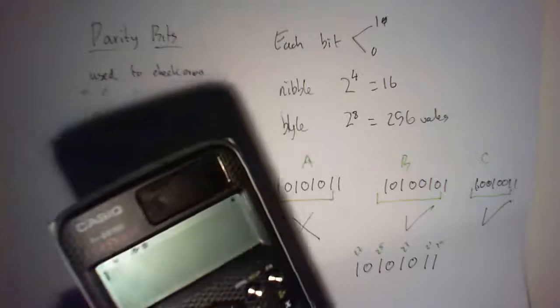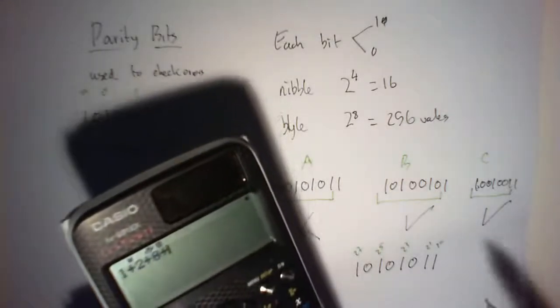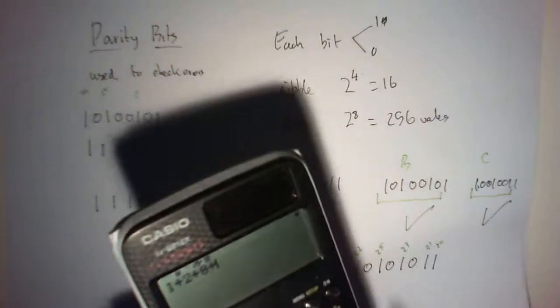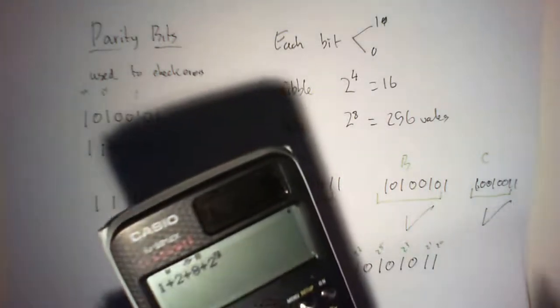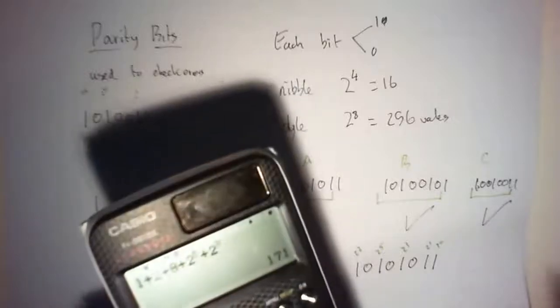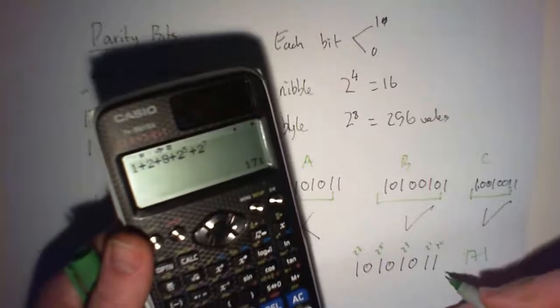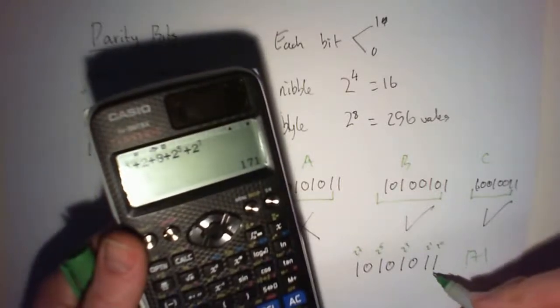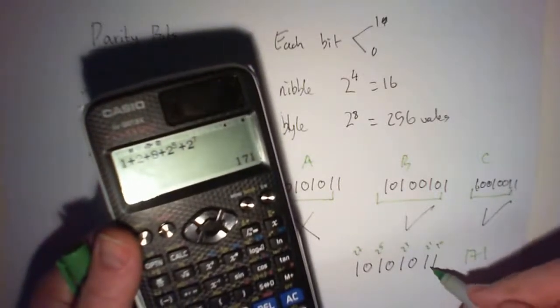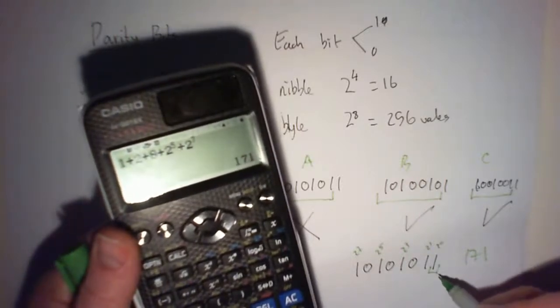So if I give them to you like that, you'd probably go, that's 1 plus 2 plus 8 plus 2 to the power of 5 plus 2 to the power of 7. You go 171.